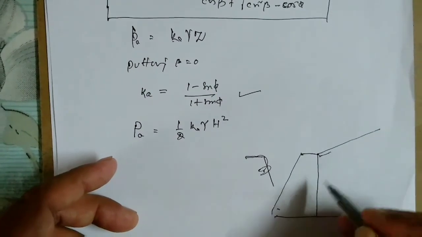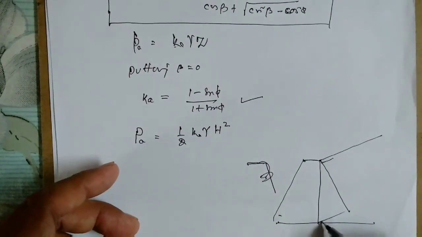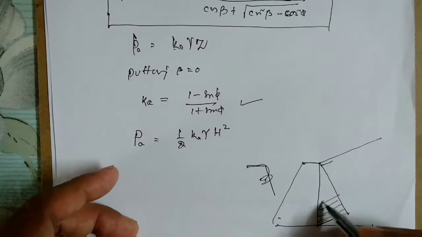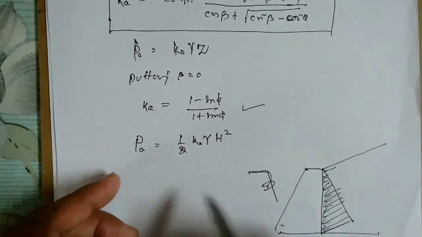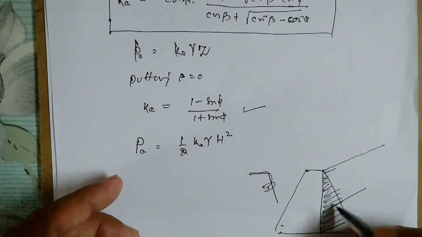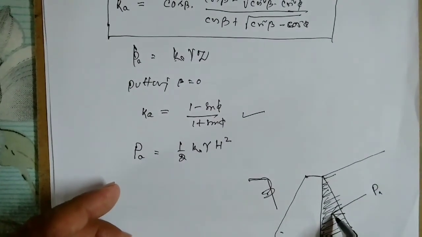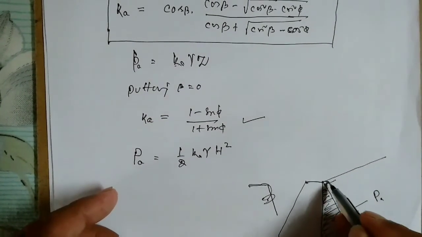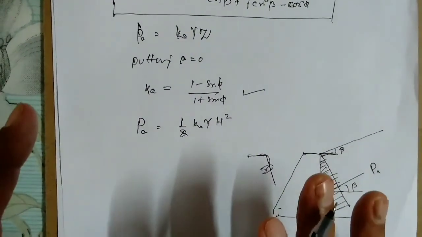So it will be like this. It will be again a triangular stress distribution diagram, but inclined, and the final thrust will also be inclined. The inclination of the final thrust from horizontal will be equal to beta, as the surface of the surcharge beta. That's all.